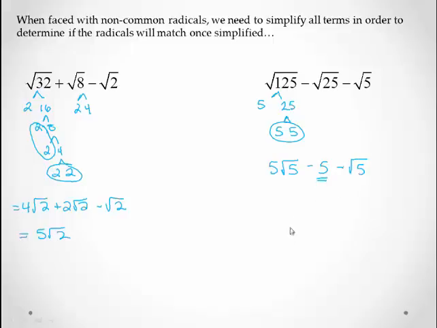And then minus radical 5. Now again, this one's not going to match, so I can't do anything with that one, but I have 5 radical 5 minus radical 5 minus 5. I just rearranged them. 5 minus 1 is 4, and this 5 that's left over just stays.